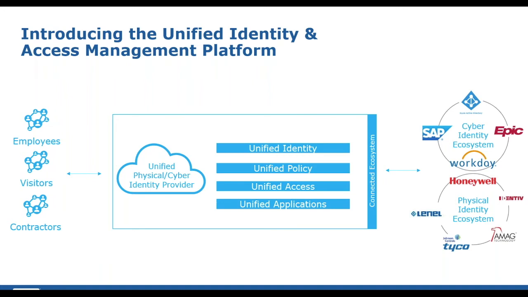And you can unify the access controls across disparate access control systems. So if you have more than one access control system, you can set a single policy in the unified IAM solution and set that across all of your access control environments rather than manually editing those in each access control environment.